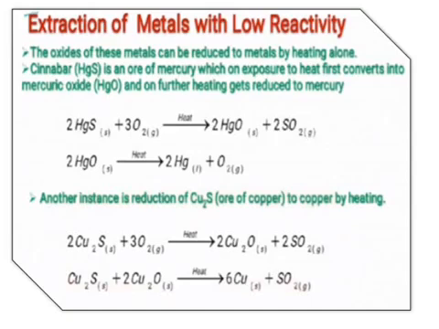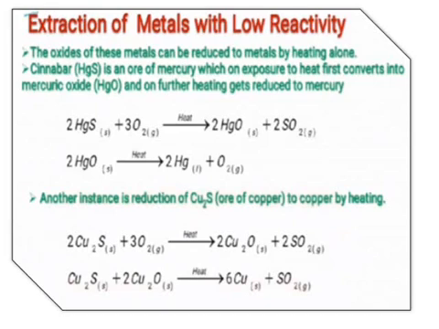In the same way, we can see it for copper glance, Cu2S, cuprous sulfide. When it is heated in air, it is partially oxidized, and the oxidized product reacts with the remaining copper glance to give copper metal.